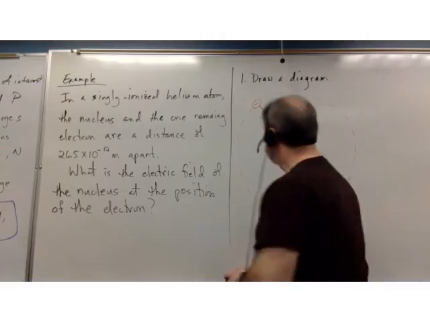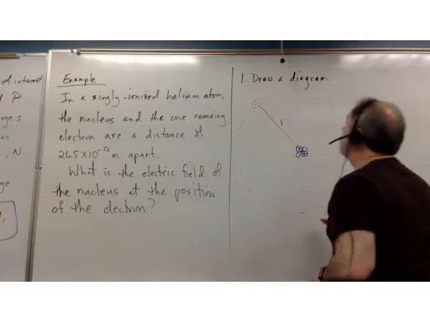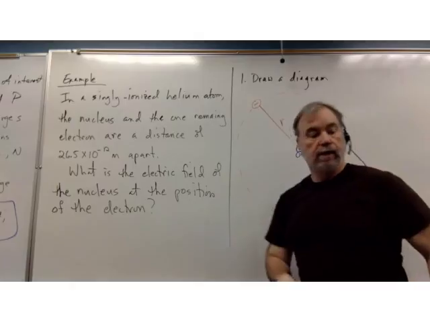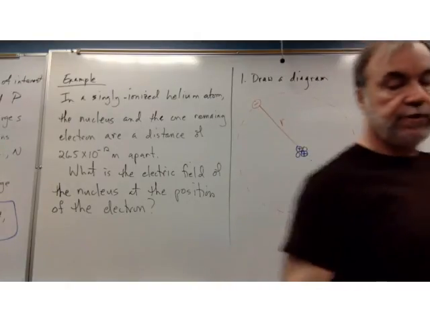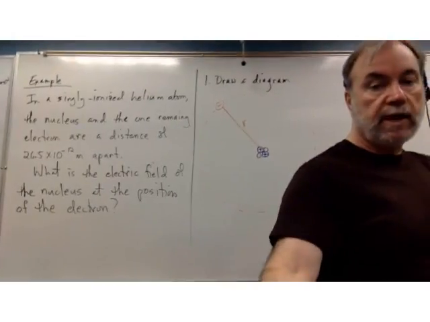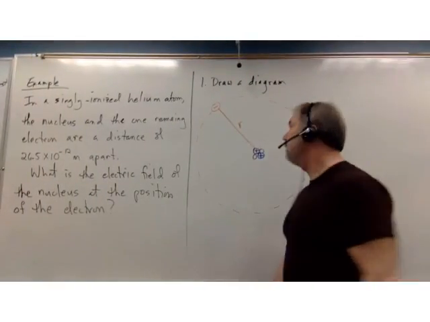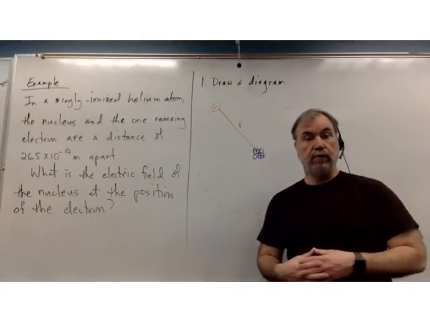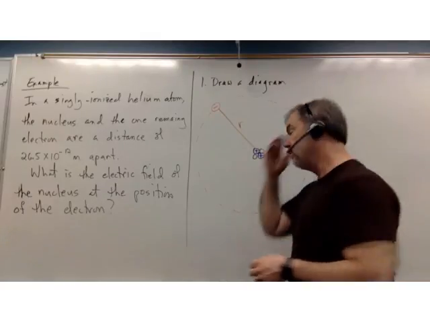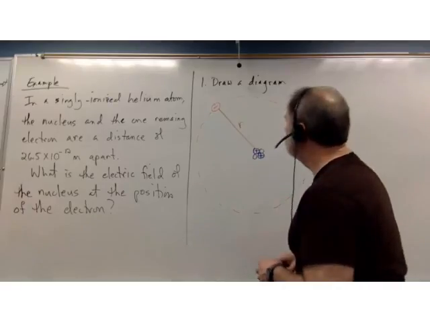We're not done with our picture yet, though. We want to now draw in the electric field vector that we're trying to calculate. Now, you're not experts on drawing electric fields yet, but I have told you what the field for a positive charge looks like, and what the field of a negative charge looks like. And so we'll do that.